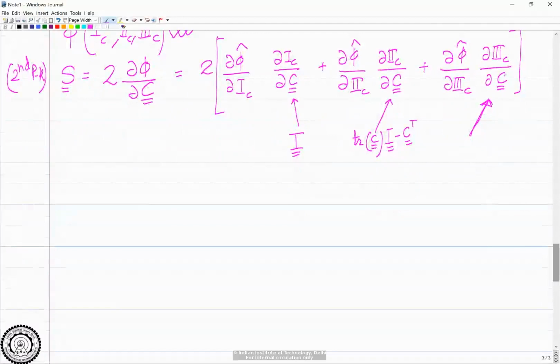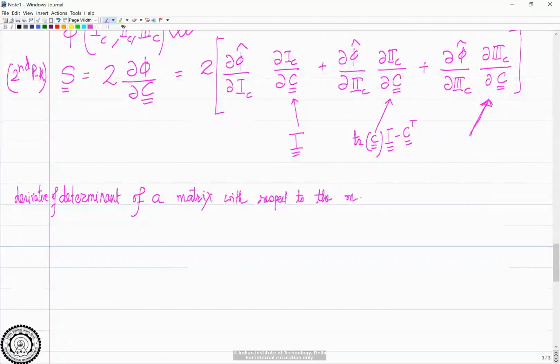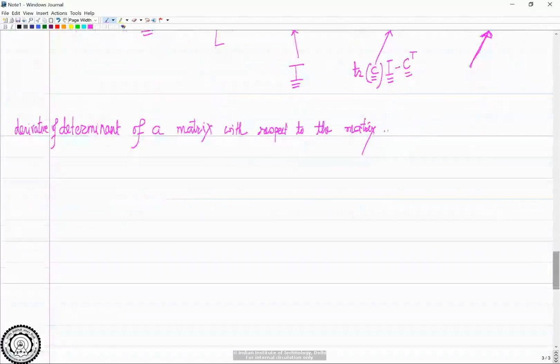See, III_C is what? Determinant of C, and I want to take its derivative with respect to C. So the derivative of the determinant of a matrix with respect to the matrix. So we haven't done it, is it?